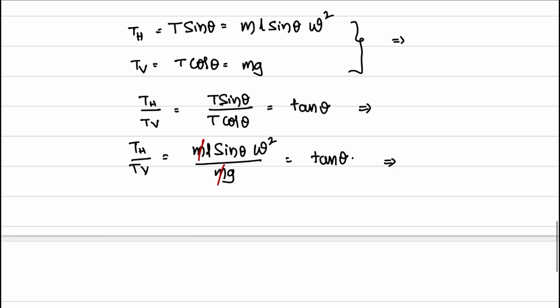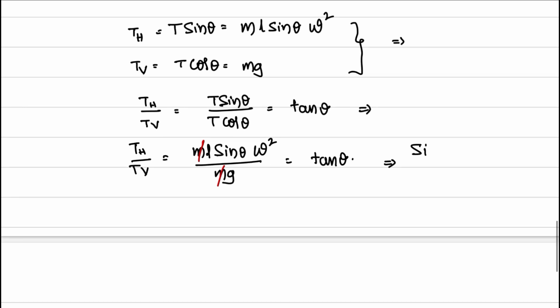Ultimately what we have got is L sin theta omega square by g is equal to tan theta. Let us try to solve it. L sin theta omega square by g is equal to sin theta by cos theta.